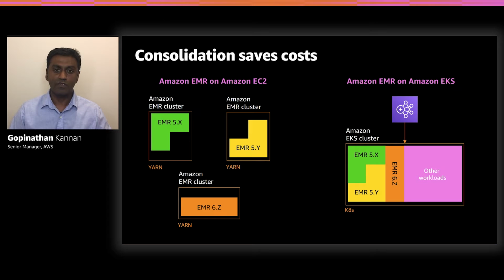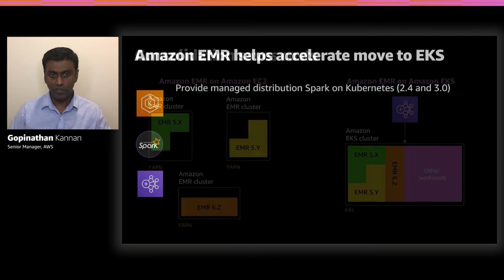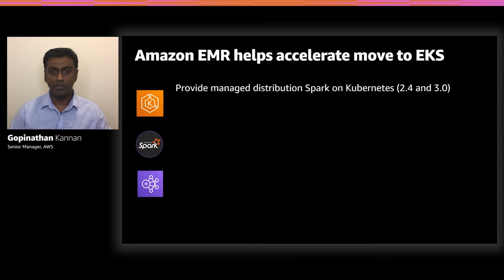Even if you were simply to take your existing resources and pool them into a single EKS cluster, you should be able to reduce your cost or get more work done, as illustrated in this example. With EMR on EKS, you can get to these benefits faster. EMR will provide you with a distribution of Spark with recent features and bug fixes.